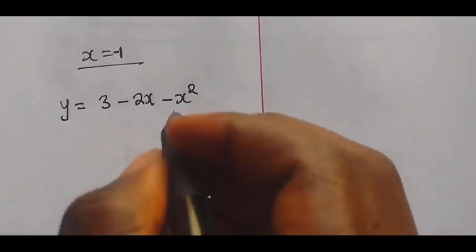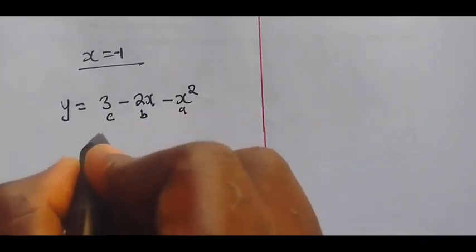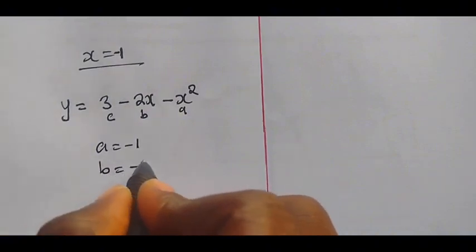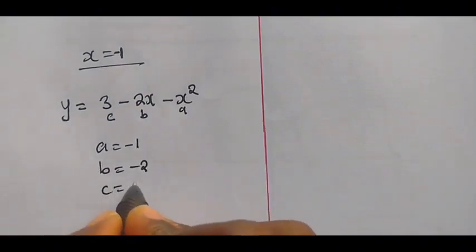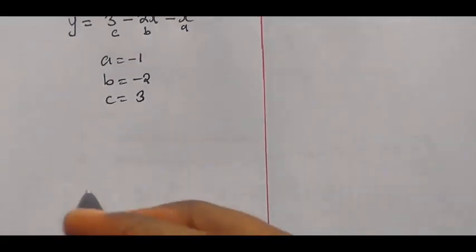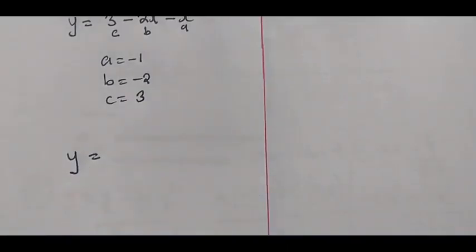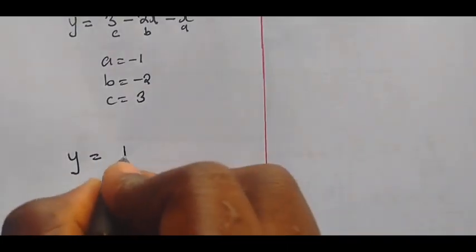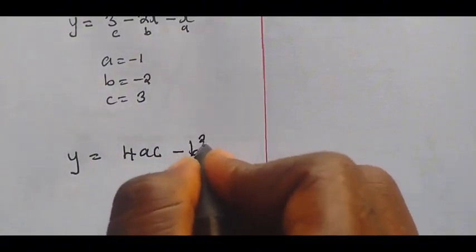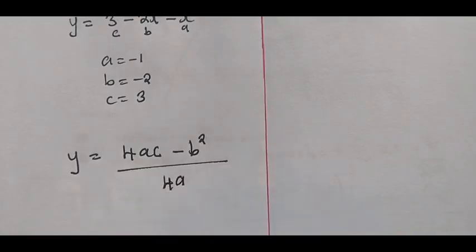So this is our equation. So this is a, b, c. My a is -1, our b is -2, c is 3. So even for the y coordinate, we can come up with a formula, which is y is equal to 4ac minus b squared over 4a.